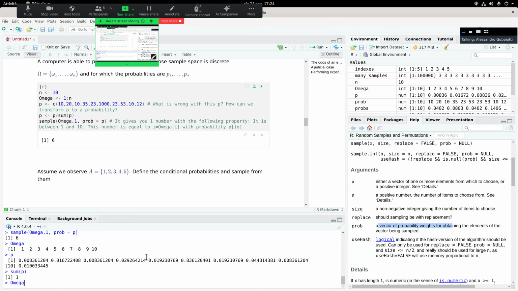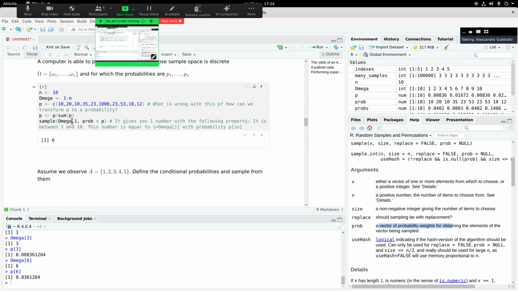So pretty likely. Do you understand? I need to pass to sample a vector, and sample gives me an element of the vector with these probabilities p. Is it more clear now? Yeah, thank you. Okay, perfect.